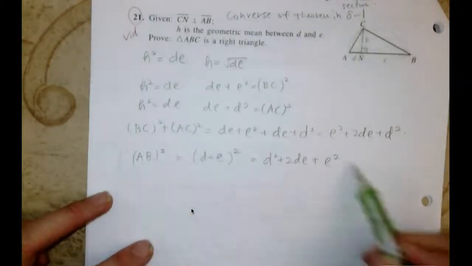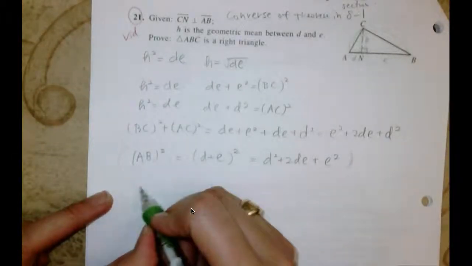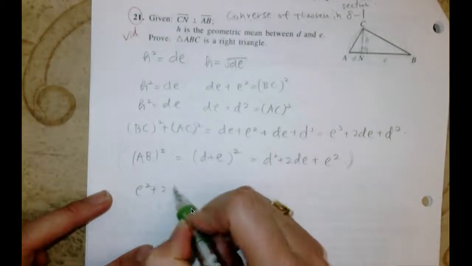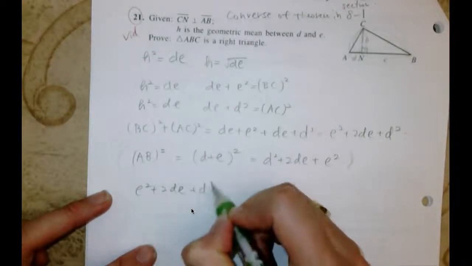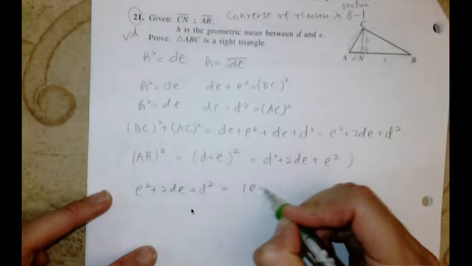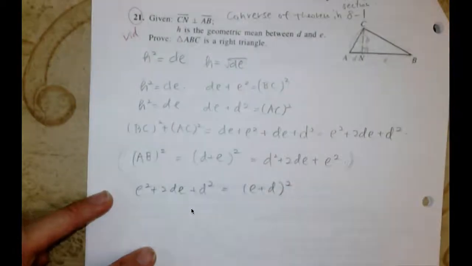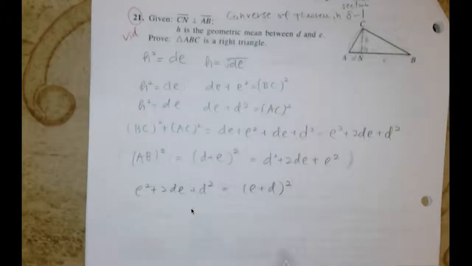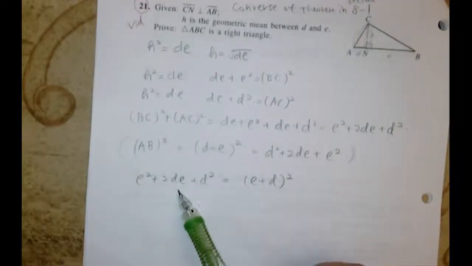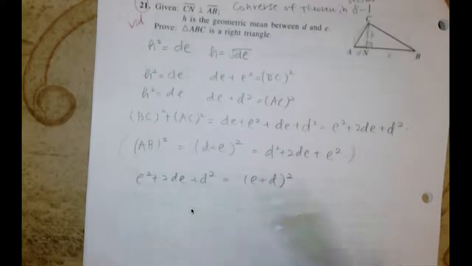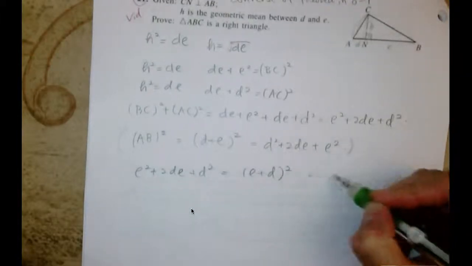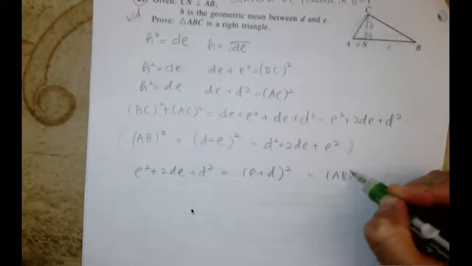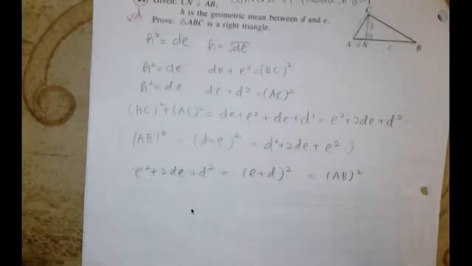This is just a side note, so for you to see. E squared plus 2DE plus D squared equals E plus D squared, right? This is the factoring that in algebra 2 you have to know very freely back and forth. So this is AB square.